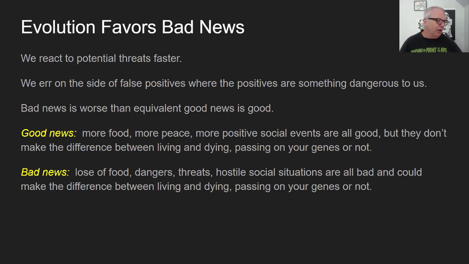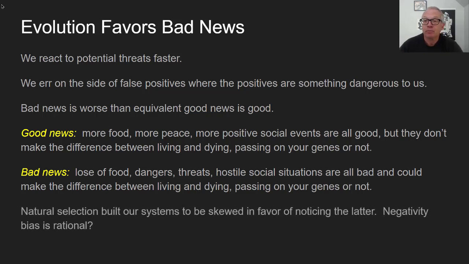Meanwhile they're eating food that's been left out on the counter, and it's got botulism in it, and they're engaged in all kinds of activities that are orders of magnitude more risky, but they're afraid of terrorists, so they act accordingly, and they sort of skew their decisions accordingly. So it looks like natural selection built our systems to be skewed in favor of noticing bad news.